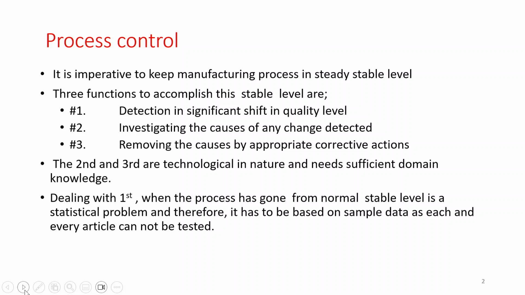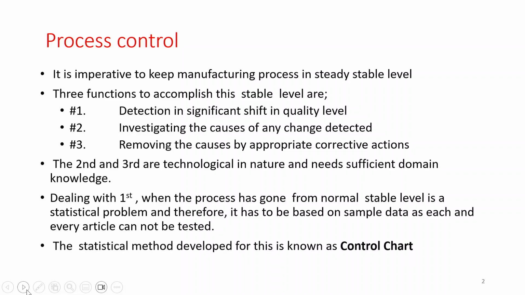Therefore, point number 1 is basically associated with statistics. And the statistical method that has been developed to identify the significant shift in the process is known as control chart. That is what a control chart is.